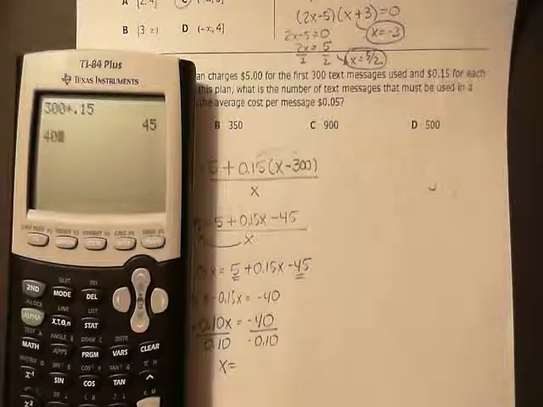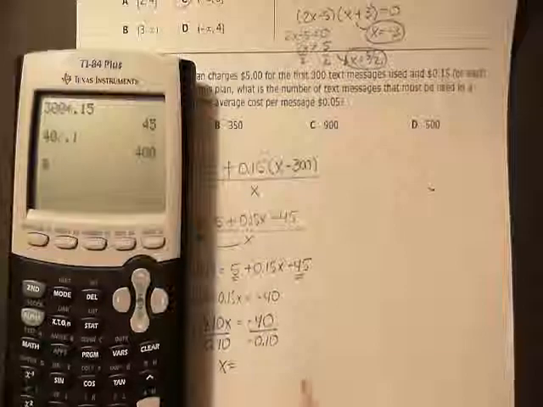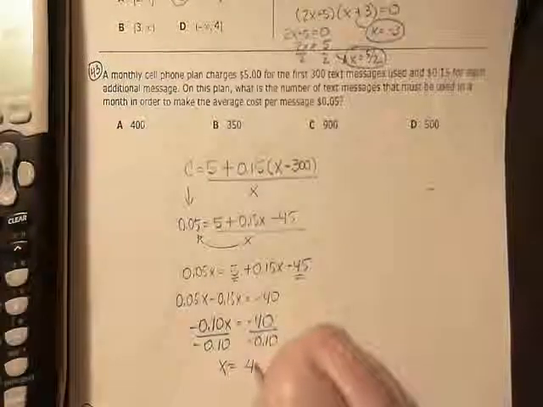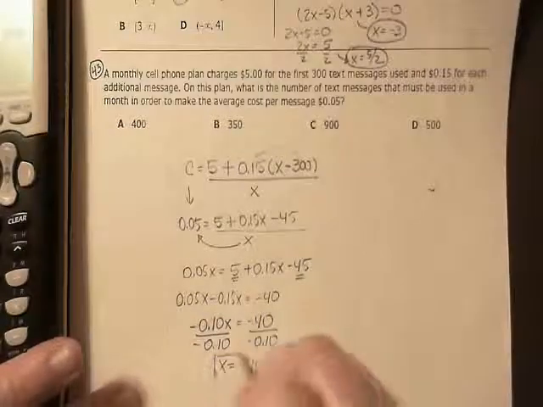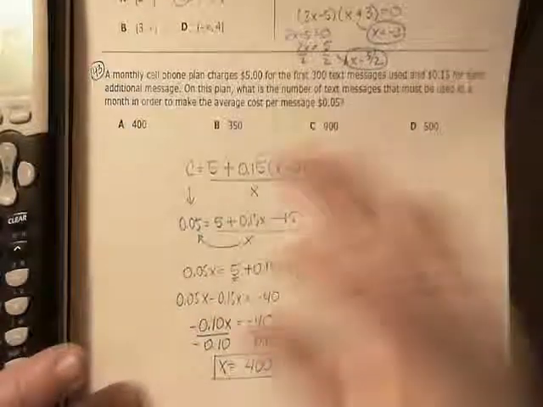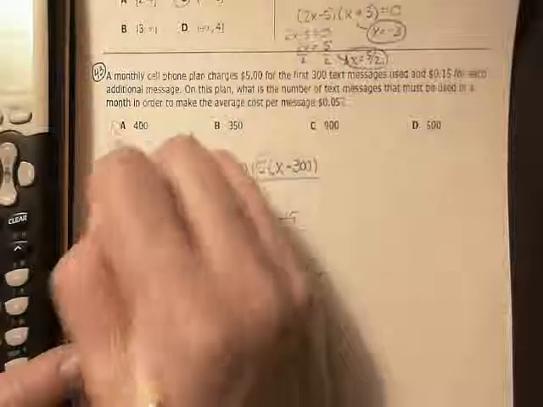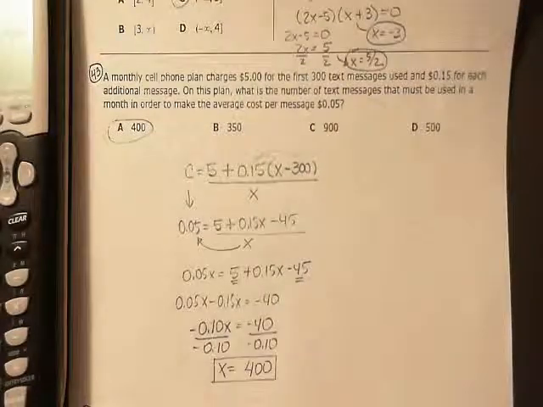So 40 divided by 0.10 equals 400. So how many text messages do I need? 400, and the answer is 400.